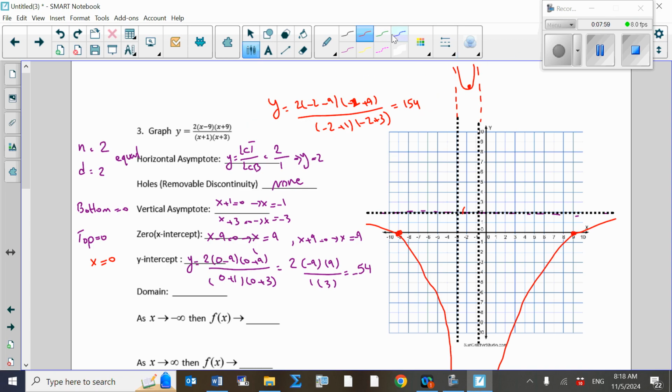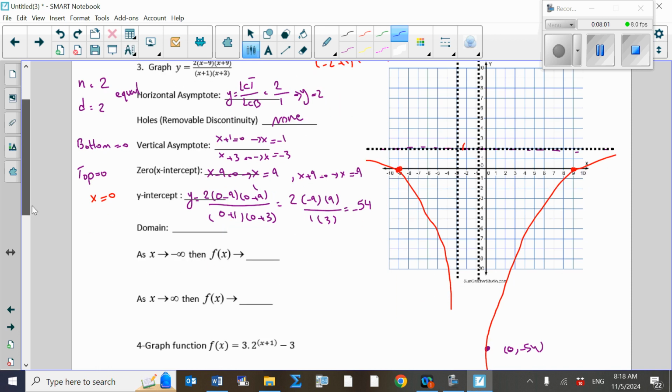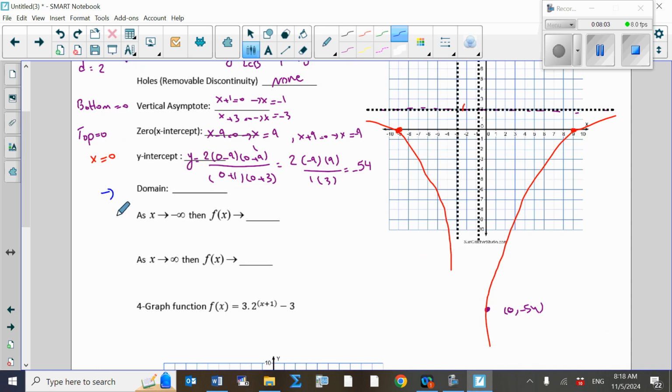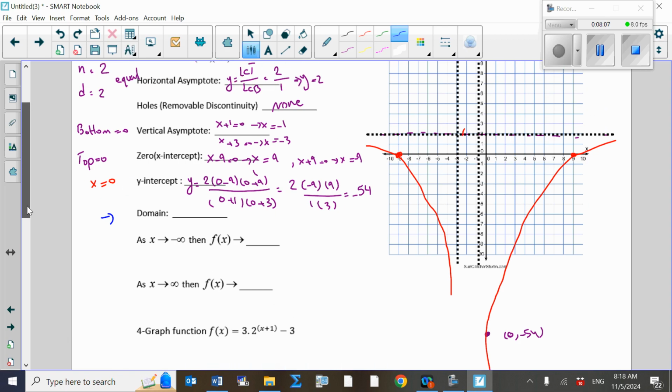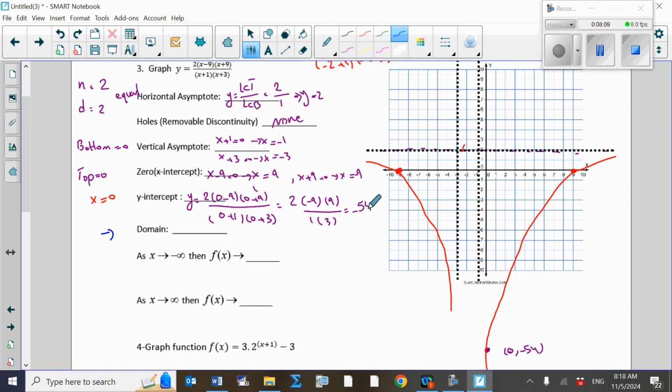Anyway, to find the domain of this function, I'm going to move from left to right and find the discontinuities. As I move from left to right, everything is defined for x values, but I have to make a jump at this x-intercept, which is at negative 3. So I'm going to say negative infinity to negative 3.